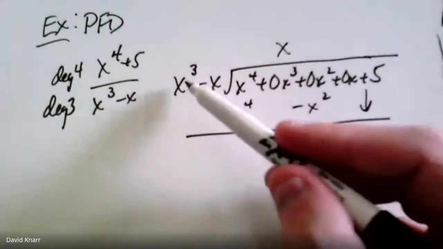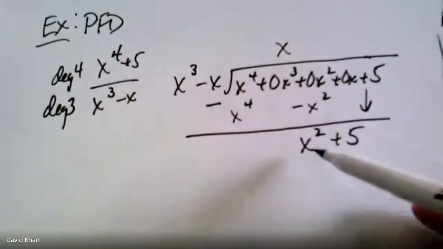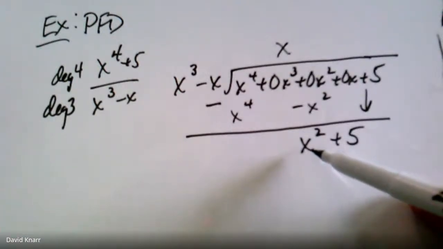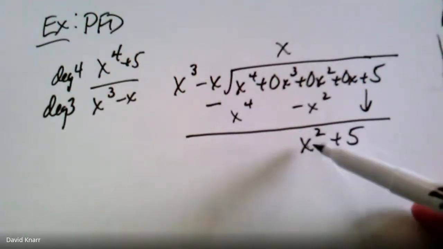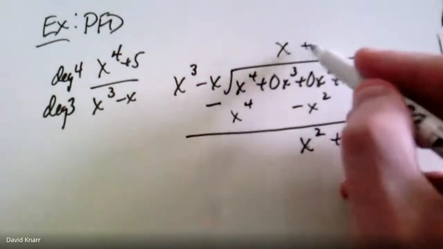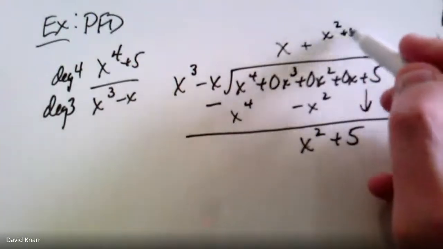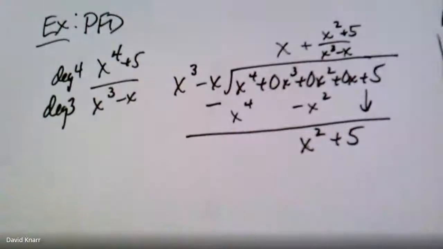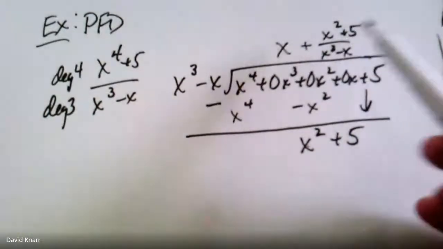And now x cubed doesn't go into x squared. So we are done. We have long divided. Okay, we've long divided correctly. And this is the remainder. The remainder, if you remember, goes over the divisor. So this is my new fraction.